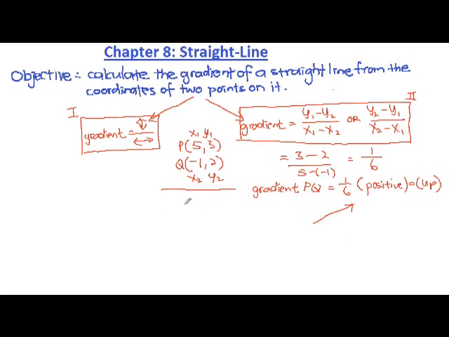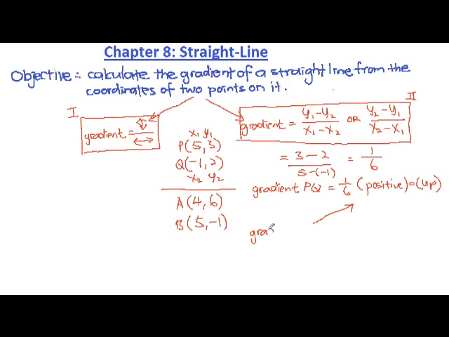Well, let's do one more example. If we have A as 4 and 6, B is equal to 5 and negative 1. What is the gradient of AB?